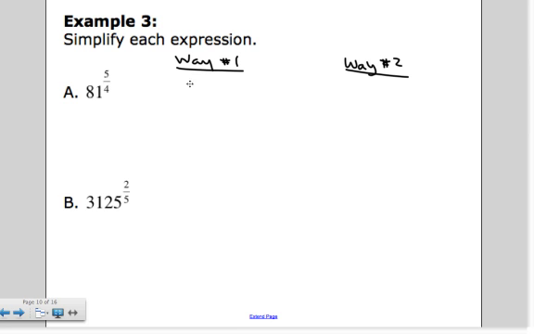The first way is taking 81 and raising it to the 5th power, and then taking the 4th root of that. Yeah, I'm not going to actually do it that way. I'm going to take the 4th root of 81, and then I'm raising that to the 5th power. Well, 4th root of 81 is 3, because 3 times 3 times 3 times 3 is 81.